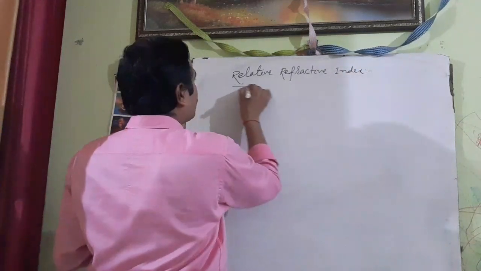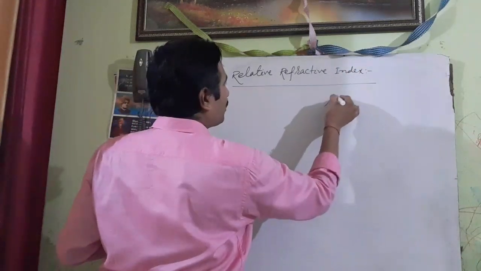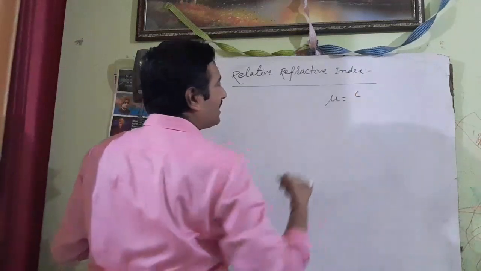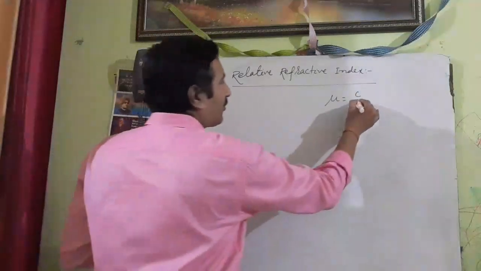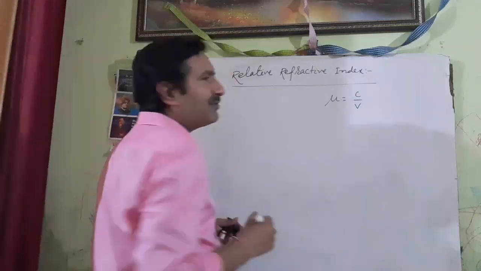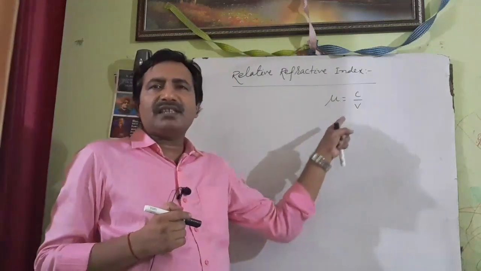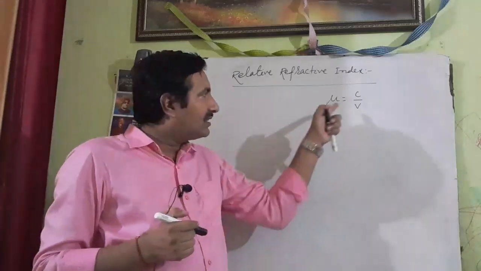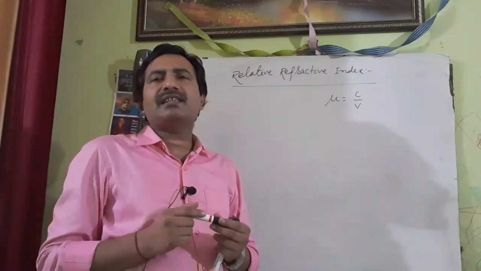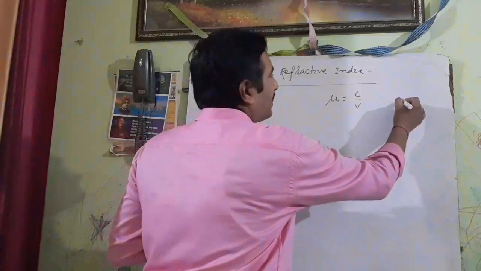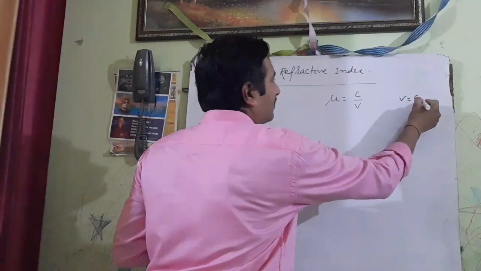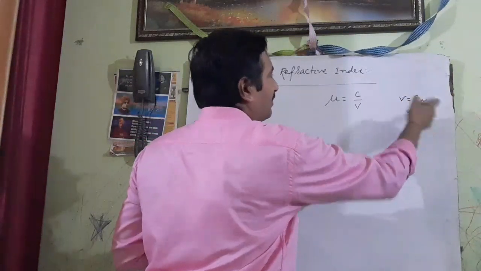You know absolute refractive index mu is equal to speed of light in vacuum by speed of light in the medium, C by V. Here C is the speed of light in vacuum and V is the speed of light in medium. This V can also be represented by Cm, meaning the speed of light in the medium.